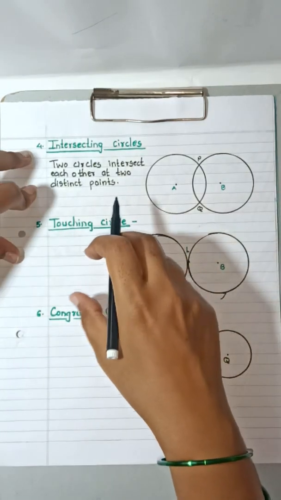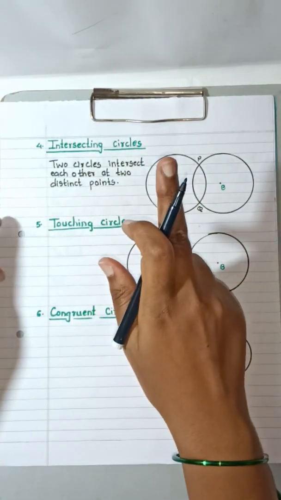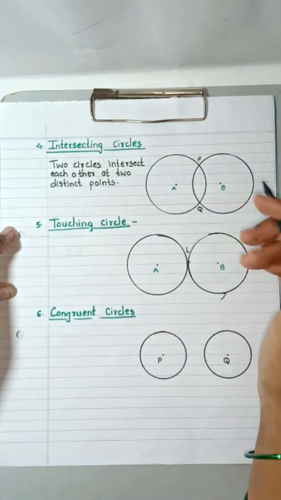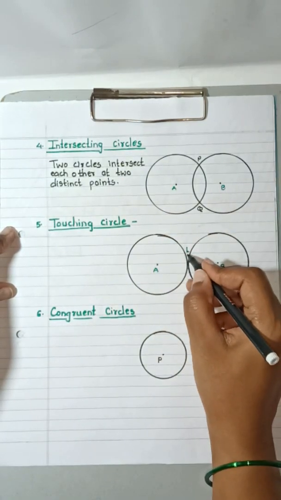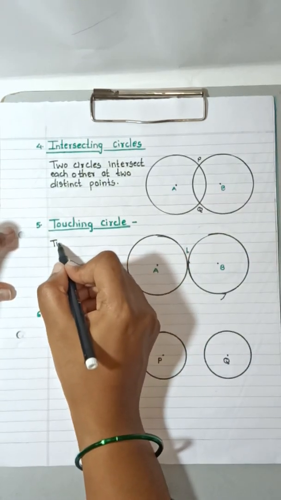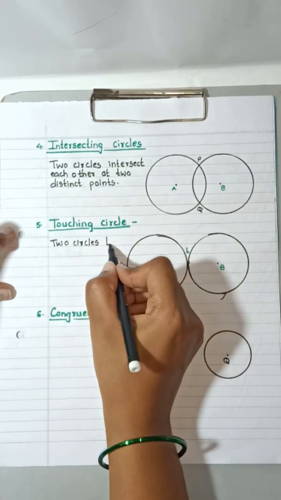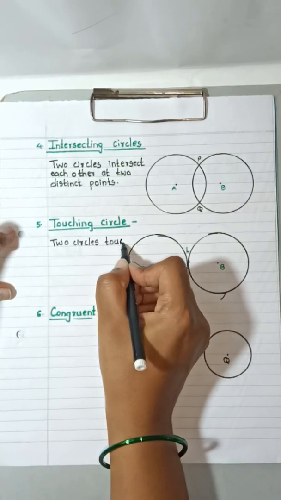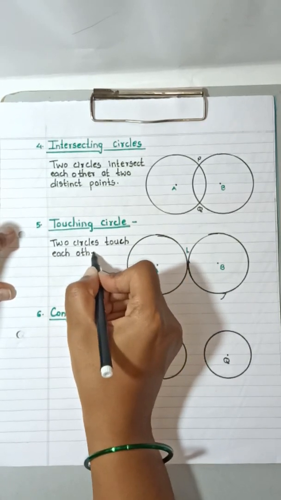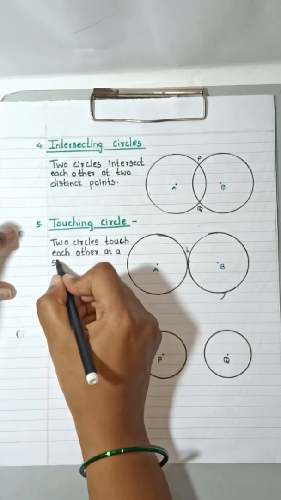Now touching circles. Two circles will touch each other at one point, that is L. I have named it as L. So I'll write down here: two circles touch each other at a single point.